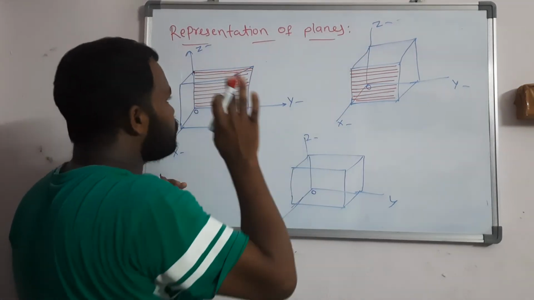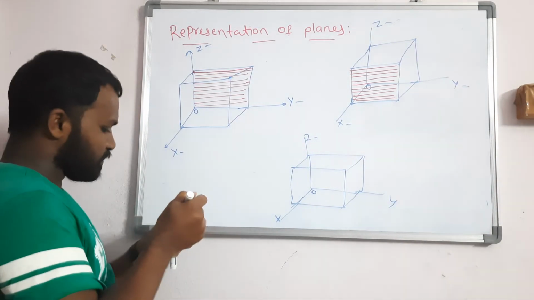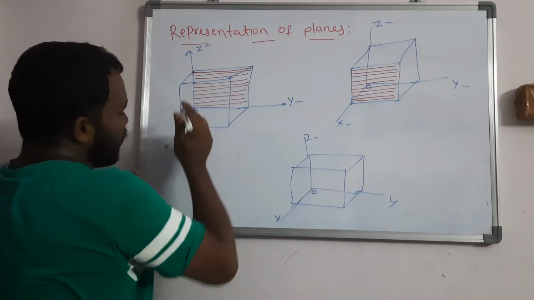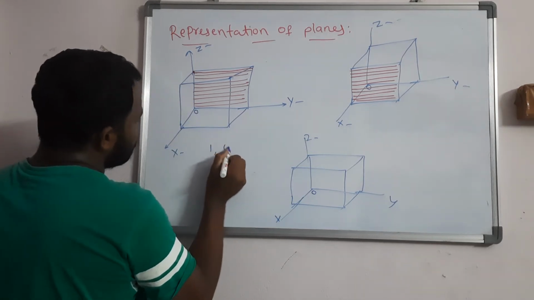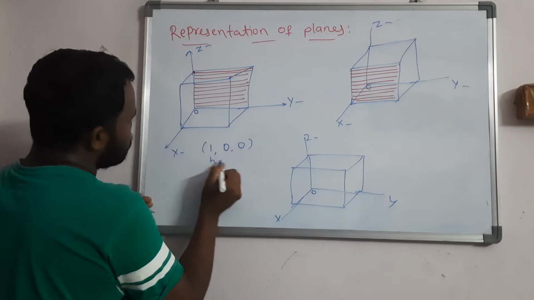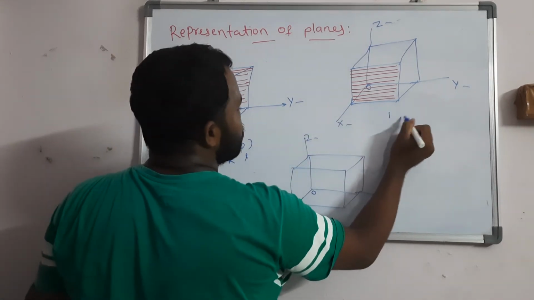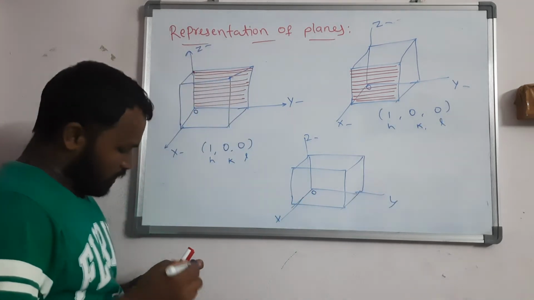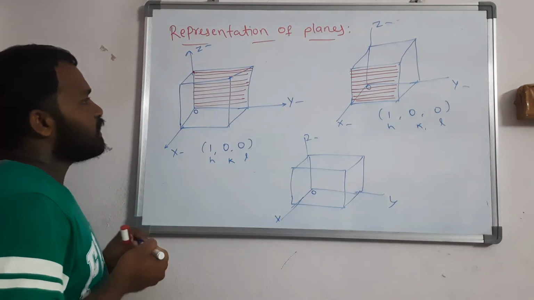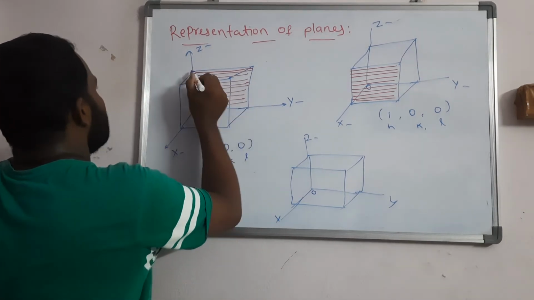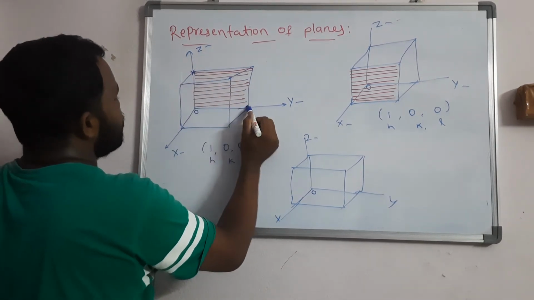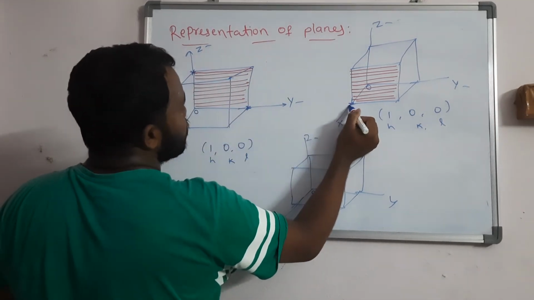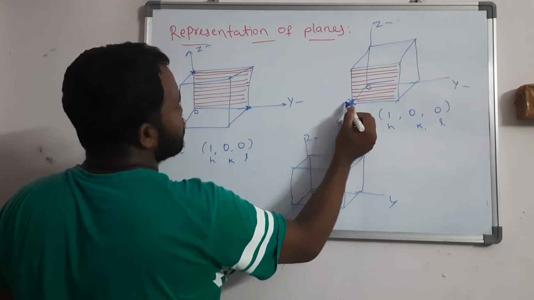If the same cube, front side, both are same, right? For this, how to write the HKL value? I am writing the HKL value is 100. Here also the same, 100. This touches the y-axis and z-axis, right? Same plane touches what? The x-axis only.